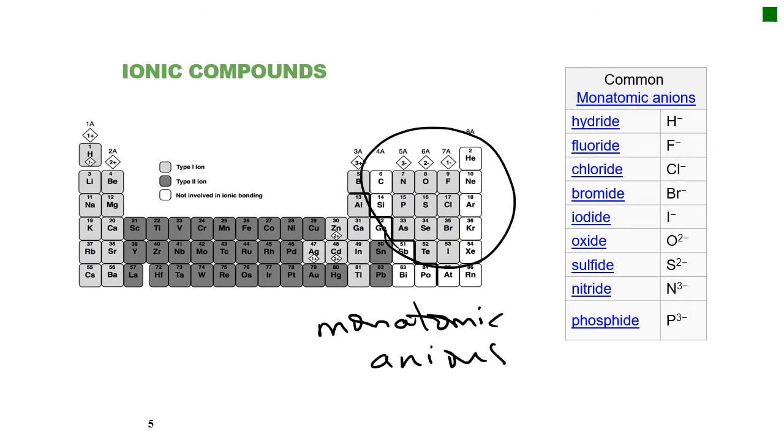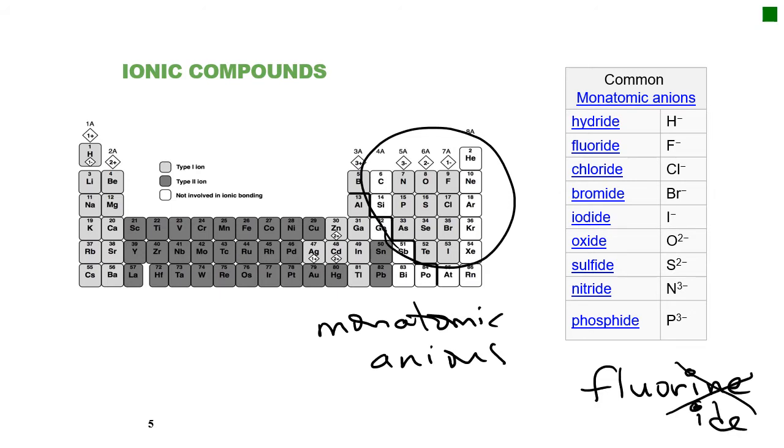Now, to name these anions, each anion has a distinct name, and you have to remember these. Our anions are named by taking the name of the element, for example, fluorine, removing the ine ending and adding ide.